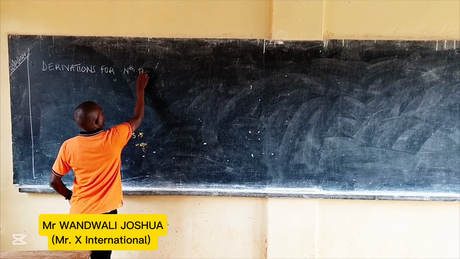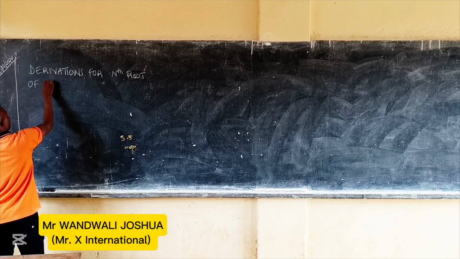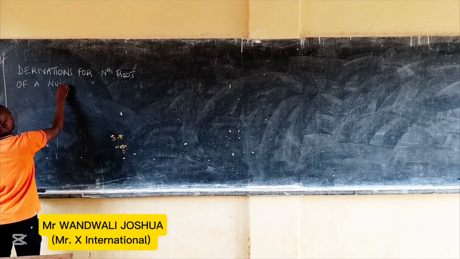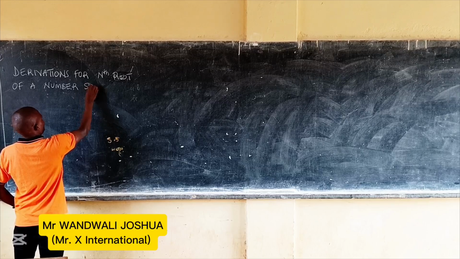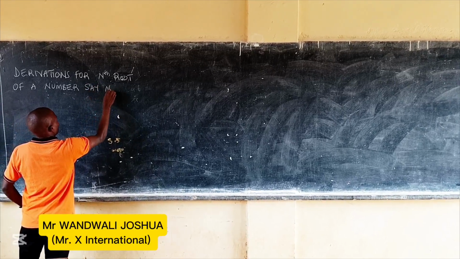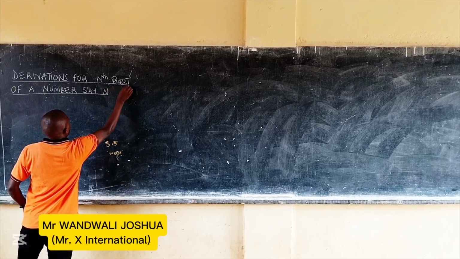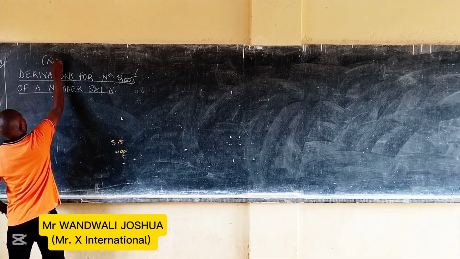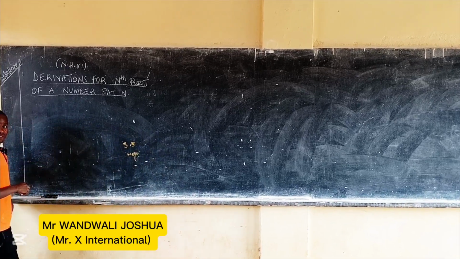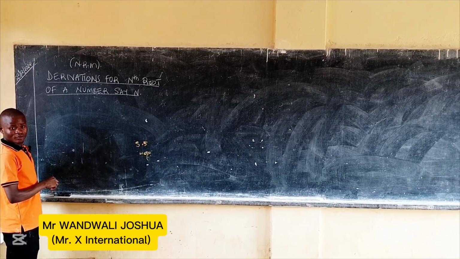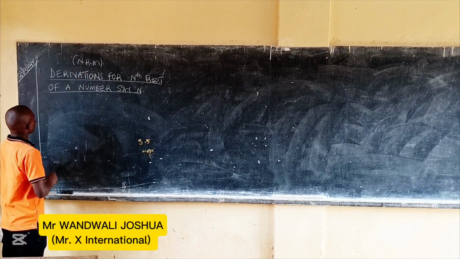Let me just use the root of a number, say n. So as usual, we are looking at the NRM, and we are going to use examples this time around. You already know what we mean by NRM, the Newton-Raphson's formula.